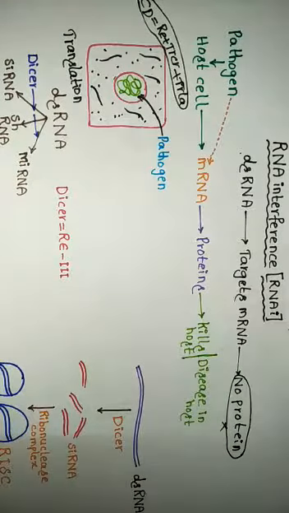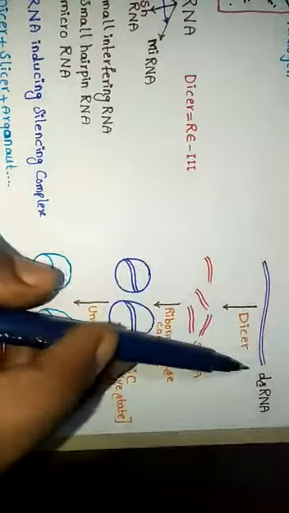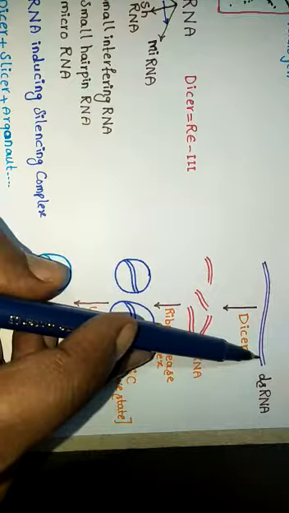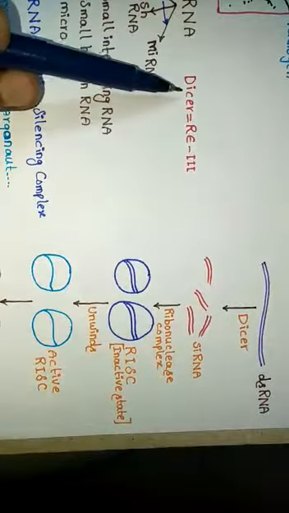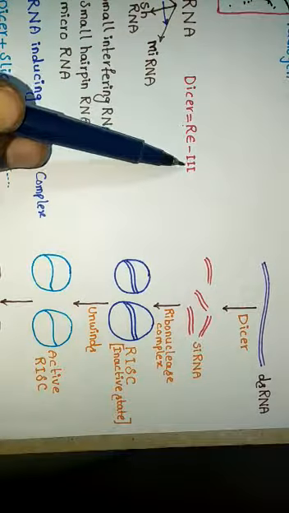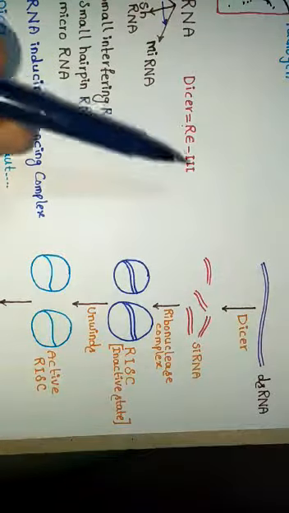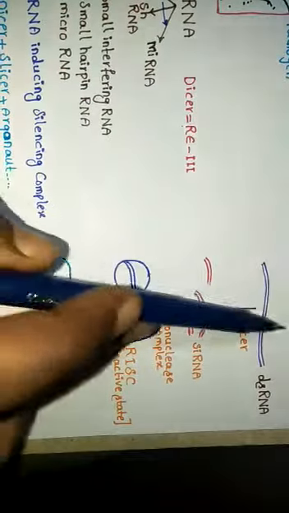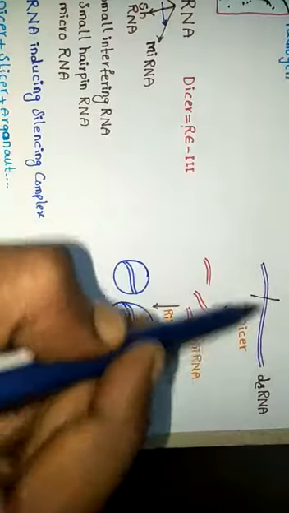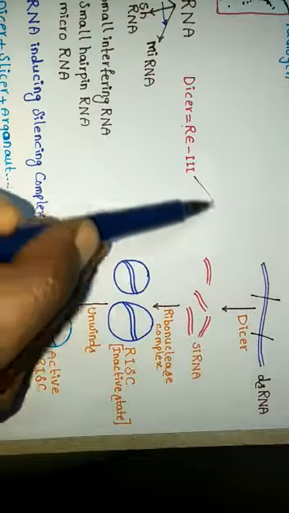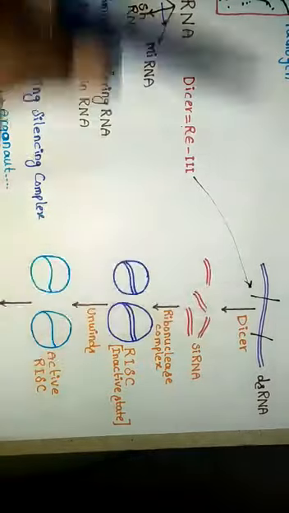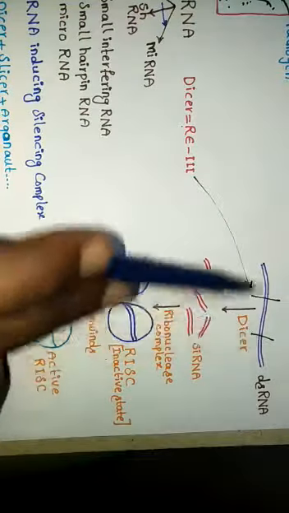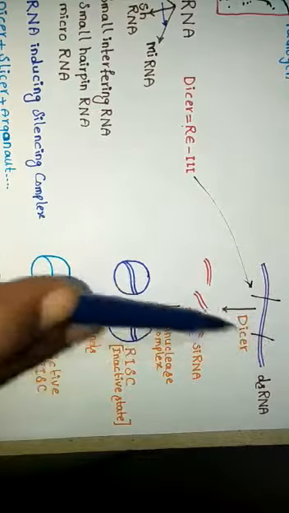If the double-stranded RNA is produced by the host cell, then the dicer, which is a restriction endonuclease type III enzyme, cuts the genetic material in the middle. So the dicer, which is already present in the host cell, cuts this double-stranded RNA into small fragments.